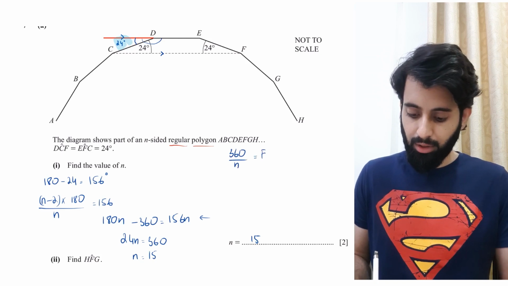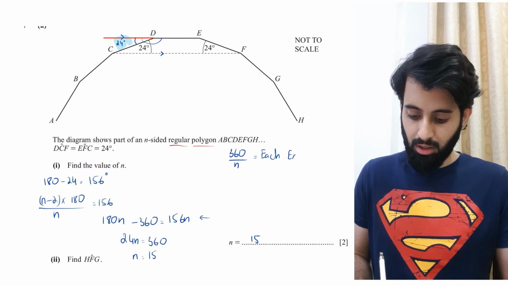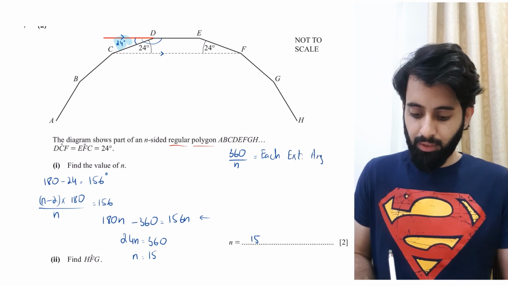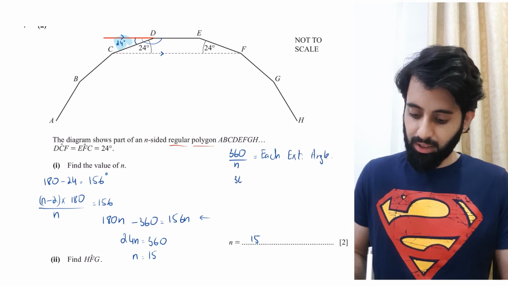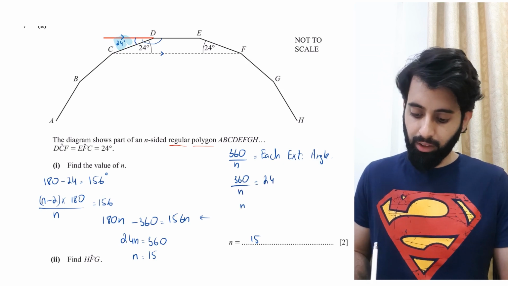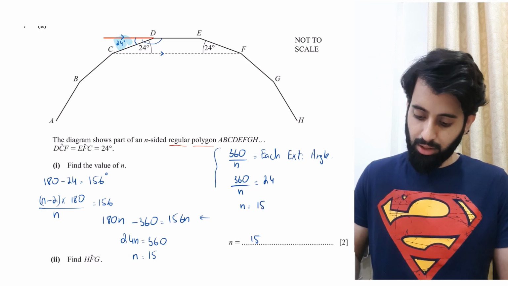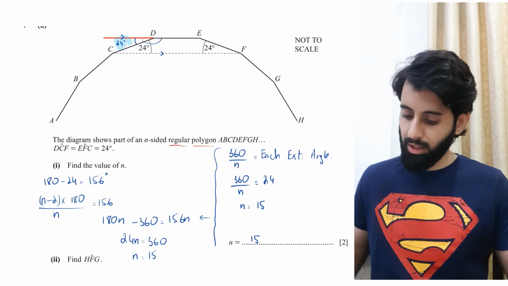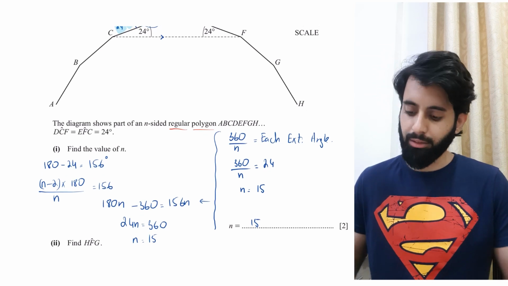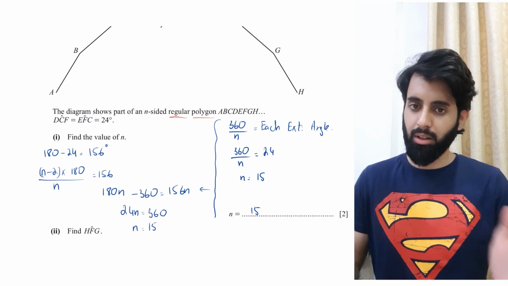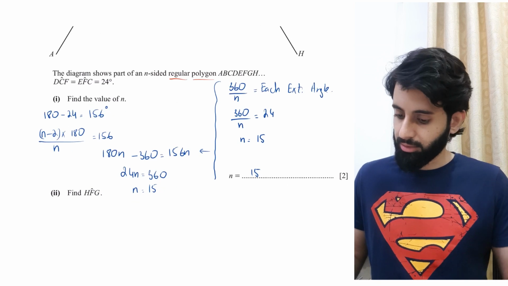Okay, so I'll write it over here, each exterior angle. 360 divided by n is equal to each exterior angle, which is 24, and again if you solve this equation you get the same answer, n is equal to 15. So there you go. This will save you a lot of time, but either way you're going to get full marks. Okay, so n is equal to 15, that's that.